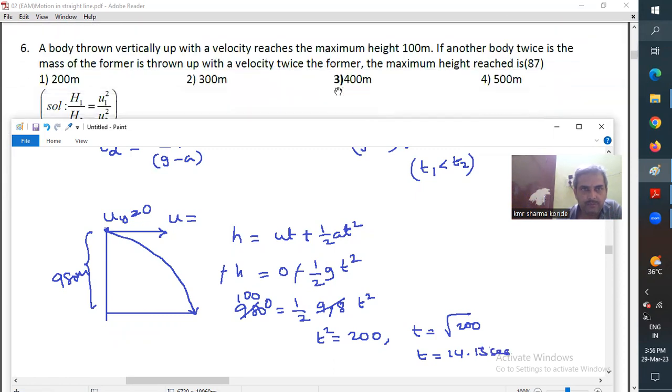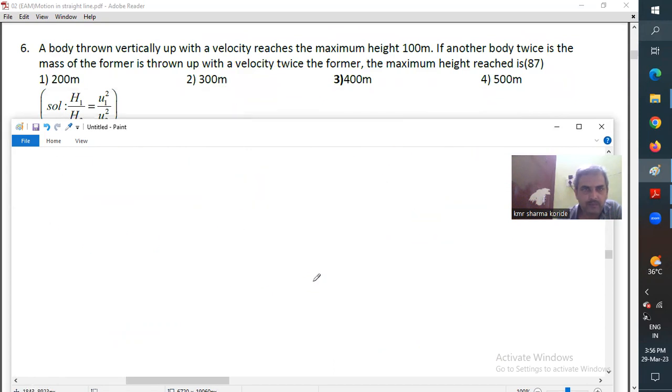Moving to another question. A body thrown vertically up with a velocity reaches the maximum height of 100 meters.